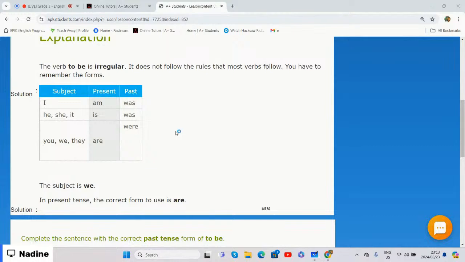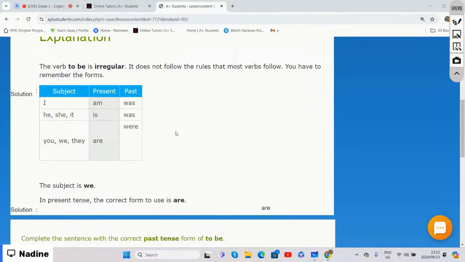Irregular means that you're going to have to just know the specific verb. It does not follow any rules that most of the verbs follow, like when you add d or ed. You're just going to have to remember the form of that verb.